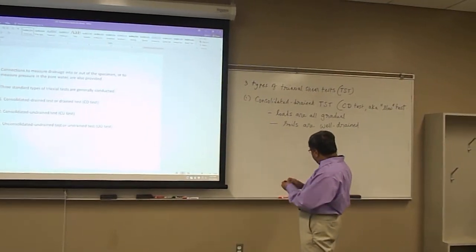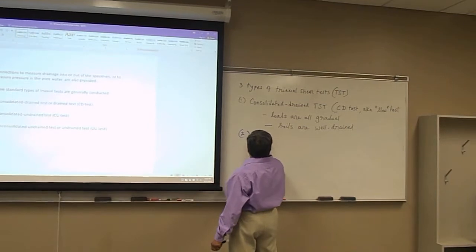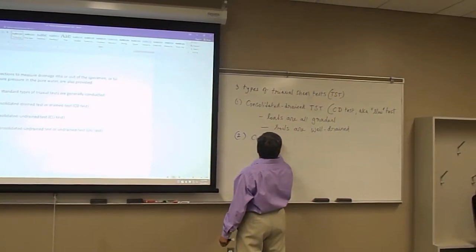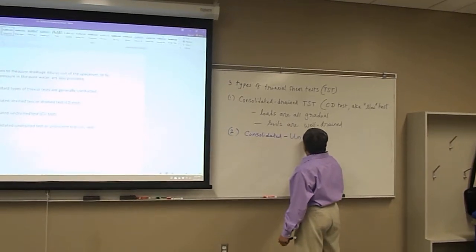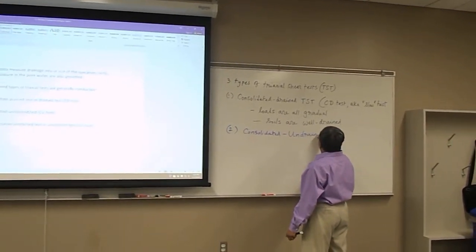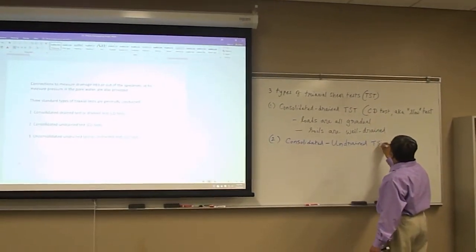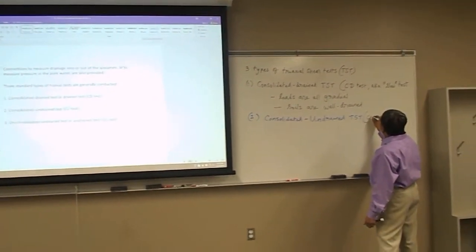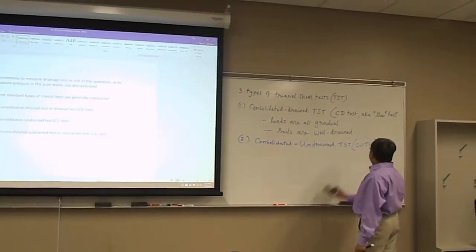The second type of triaxial shear test is consolidated undrained TST, also known as CU test.